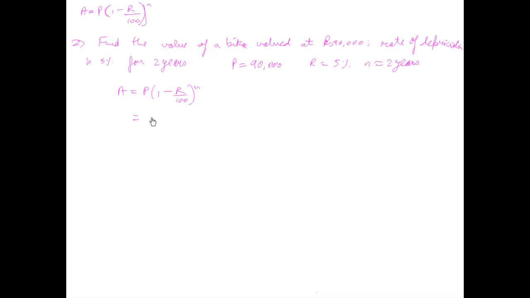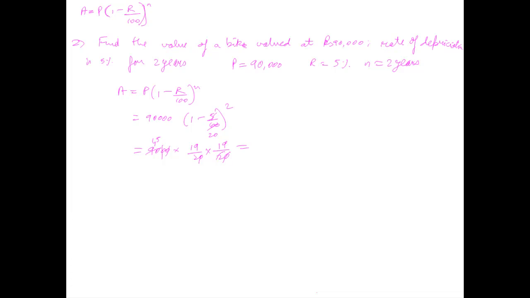Let's apply that, children. That's 90,000 (1 minus 5 upon 100) raised to power of 2. So that becomes, children, 90,000. It's 20 minus 1, that's 19 by 20 times 19 by 20. So this will cancel, this will cancel. Now I'll cancel this 4, 5 times.